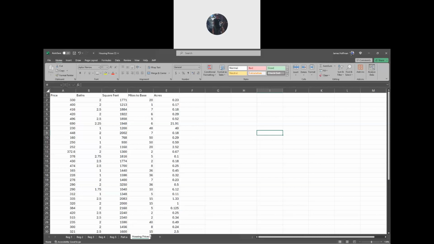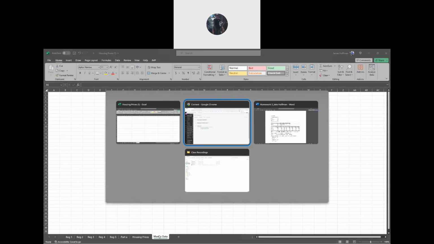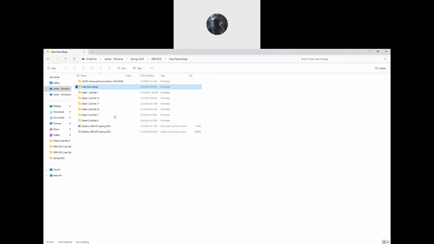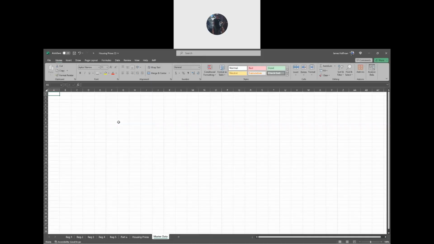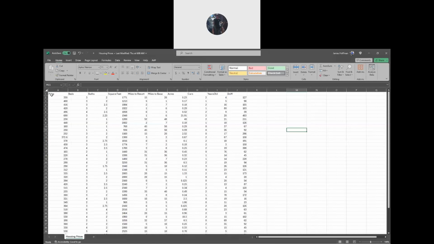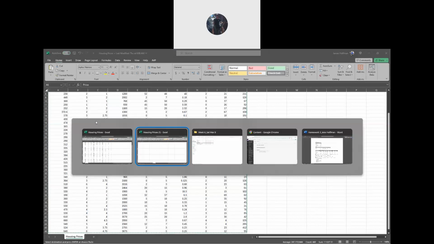For example, if you had a separate tab that was something like master data, and all these variables were there.